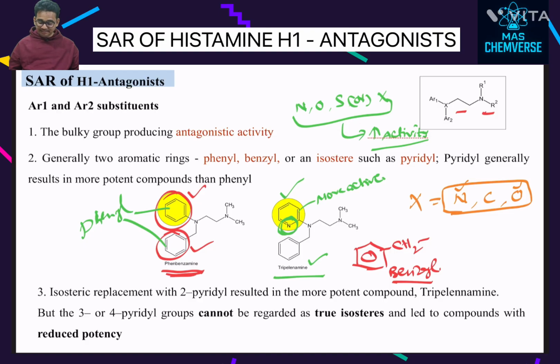Okay, I told you that if it has a heteroatom, it is more active, but the position is very important. Which type of heteroatom? It is called pyridine, a benzene ring with nitrogen. 2-pyridyl or 3-pyridyl or 4-pyridyl. In that case it is the 2-pyridyl, because this is the first position, this is the second position.